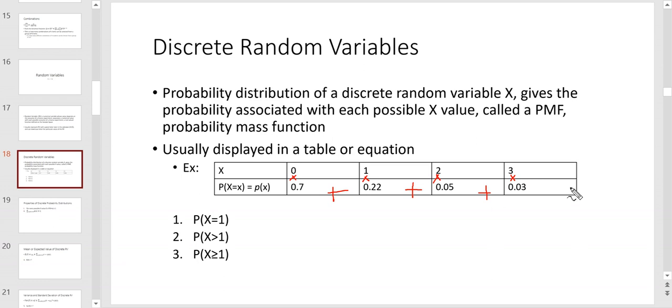That's the definition of expected value. And if you do this, you will get 0.41. So the expected value of x, or the mean of the random variable x, equals 0.41.